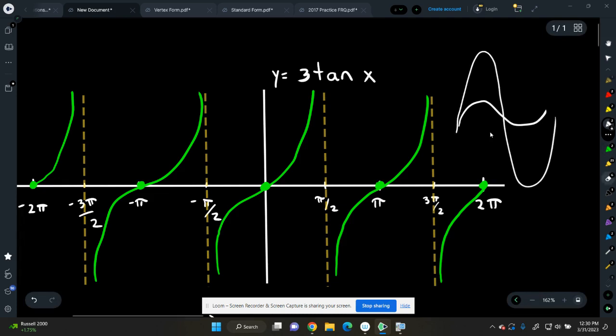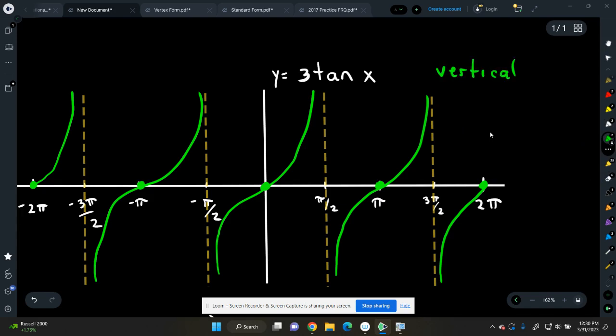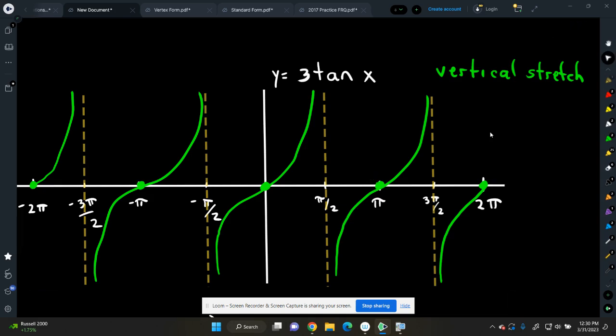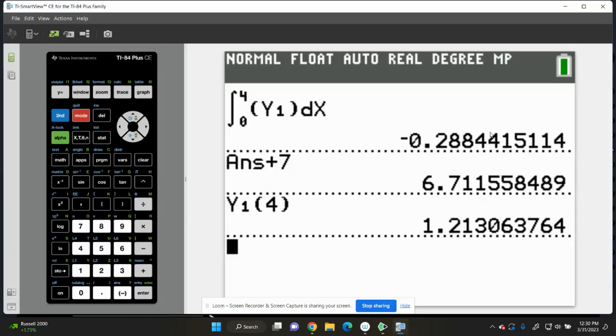On a sine curve, it's very obvious. What we're actually doing when we do that is a vertical stretch. When that sine amplitude reaches up further, we're taking that normal sine curve and stretching it up. So what's going to happen here? It's going to stretch up, and it may not be that obvious to us. If I give you a quiz with matching, how are you going to know? So let's look at this on our calculator.